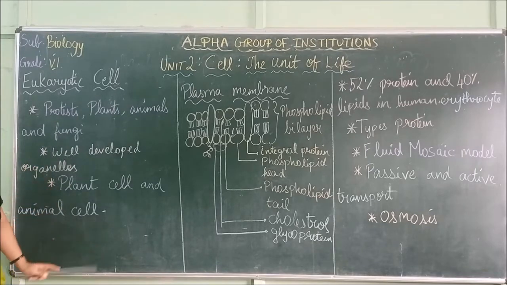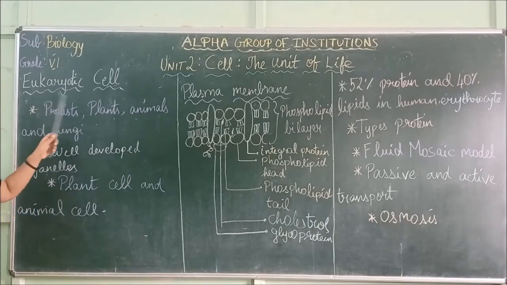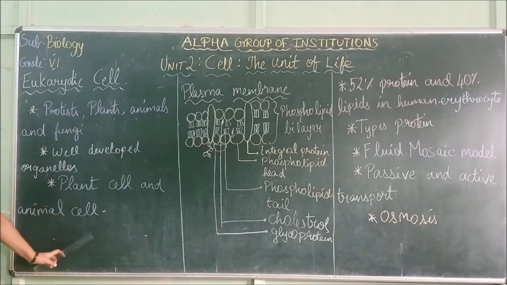And fungi, in these species alone, the eukaryotic cell is present. Well-developed organelles will be present in the eukaryotic cell. A plant cell has a cell wall and very large vacuoles. And an animal cell has very small vacuoles and no cell wall, but centrioles are present in the animal cell.